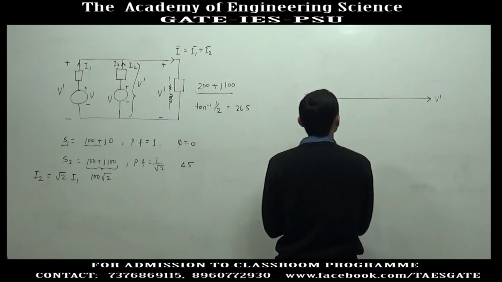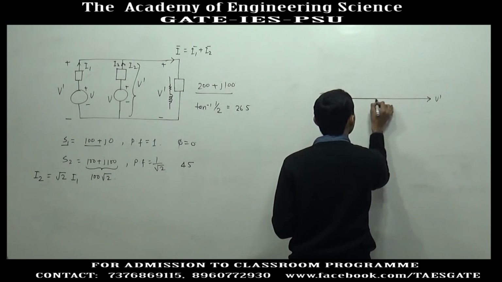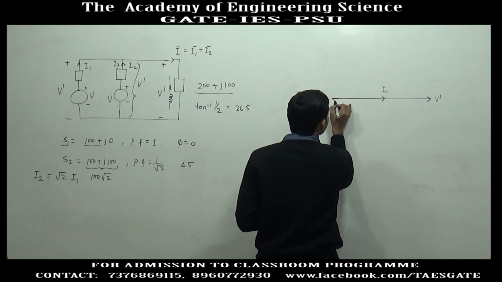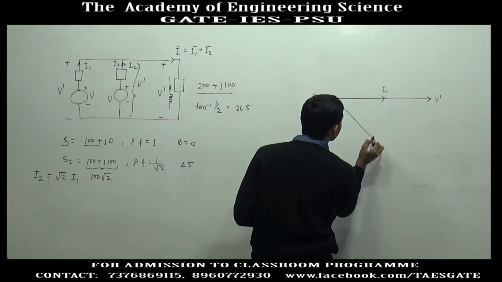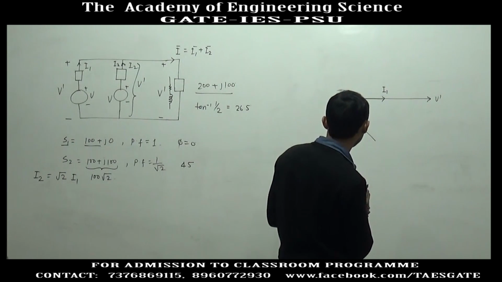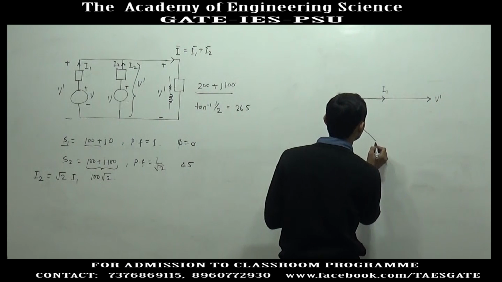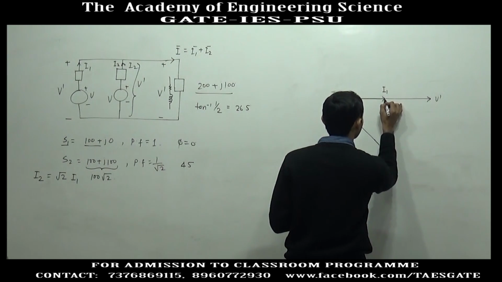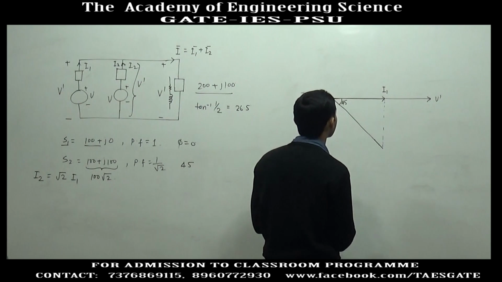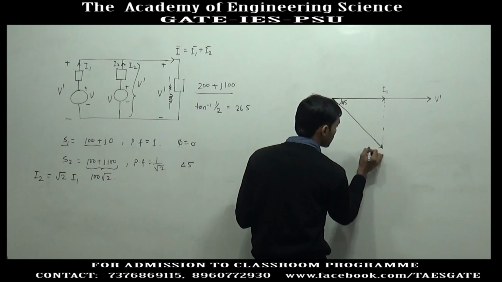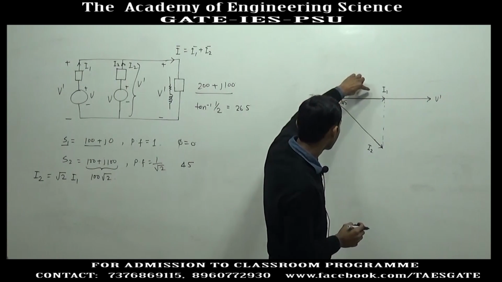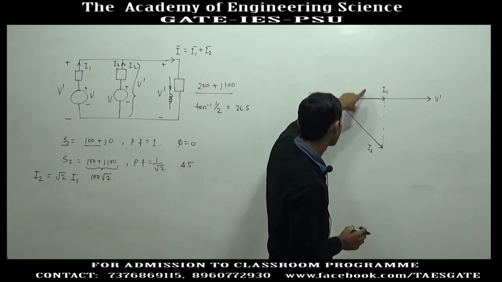So we will draw the length of I2 as root 2 times greater than I1. This is V dash, I1 is in this direction, and I2 is in the direction of 45 degrees. Yes, this is 45 degrees, and this also looks like root 2 times greater than I1.